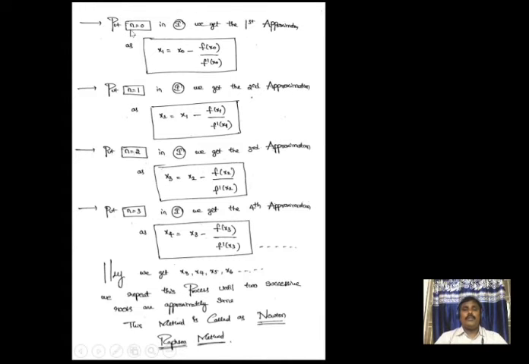Here I put n equal to 0 and got x1, the first approximation; n equal to 1 gives the second; n equal to 2 the third; n equal to 3 the fourth. Similarly, if we repeat the process, we get different iterations. We stop the process when two successive roots are approximately the same.